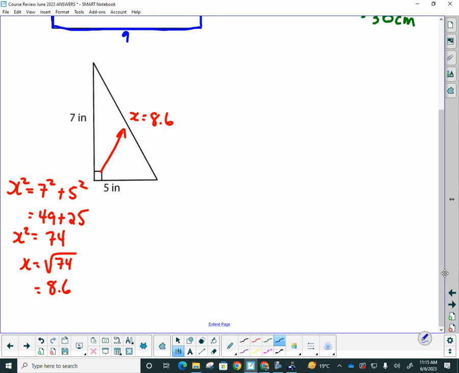So just a little bit of math had to be done before we could find the perimeter. Now I can add up all the sides. Let's just do it down here. Perimeter is, let's do this side, so 7 plus the hypotenuse side, which we just figured out was 8.6. And the final side is 5.